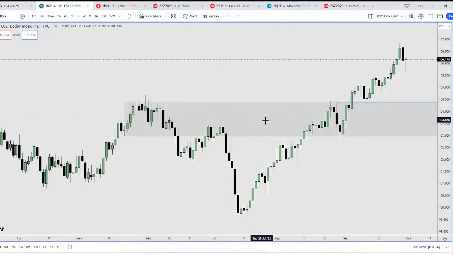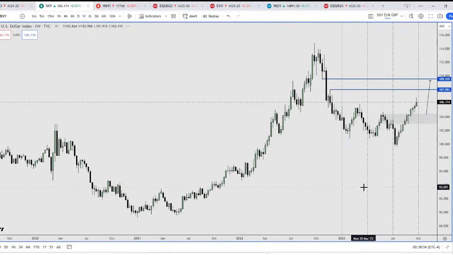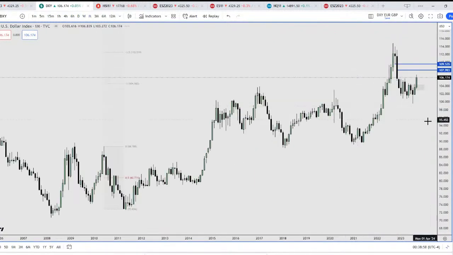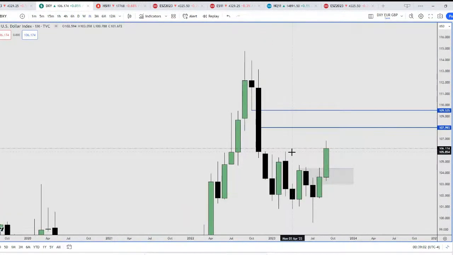Okay, moving forward, we have DXY. So DXY, we have run our long-term targets right here, this high, which is also a monthly CB. Right, as you can see, price is closing above the monthly CB. So when would I be more confident that price wants to go above this high?